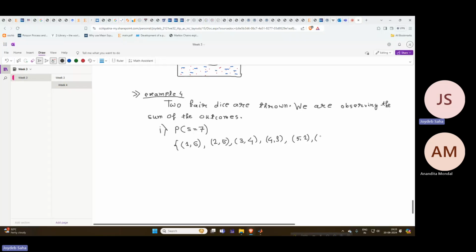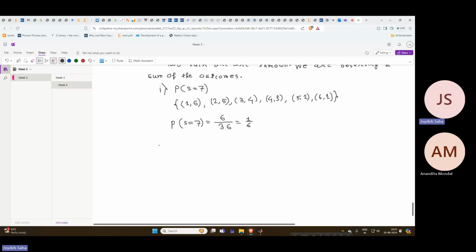It may be 6, 1, right? So what is the probability that the sum is 7? Total expected outcomes are 6, and total outcomes can be 36. It is 1/6 only.